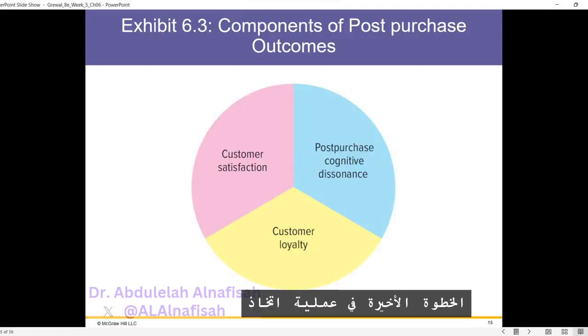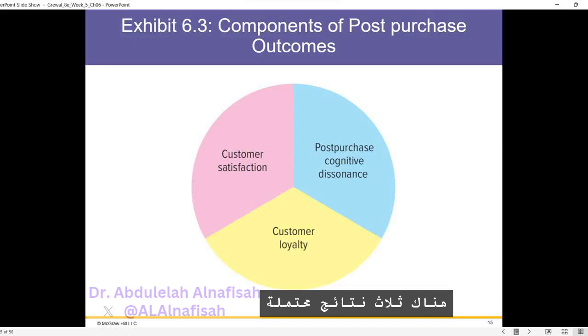The final step of the consumer decision process is post-purchase behavior. Marketers are particularly interested in post-purchase behavior because it involves actual customers rather than potential ones. Satisfied customers, whom marketers hope to create, become loyal, make repeat purchases, and spread positive word of mouth, making them quite important.